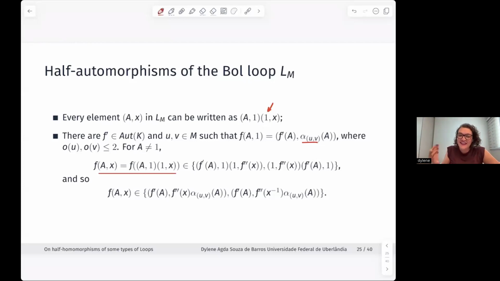After all this computation, we have these options using X minus 1 instead of X here. That's just using the product of the loop.